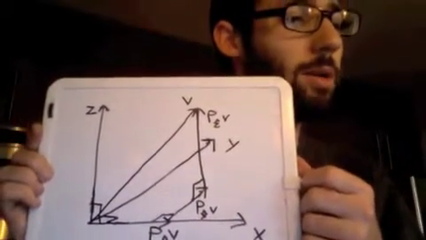It's interesting that we don't need to normalize as we go. If we don't normalize, then we're doing what we call Gram-Schmidt orthogonalization. If we do normalize, we're doing what we call Gram-Schmidt orthonormalization.